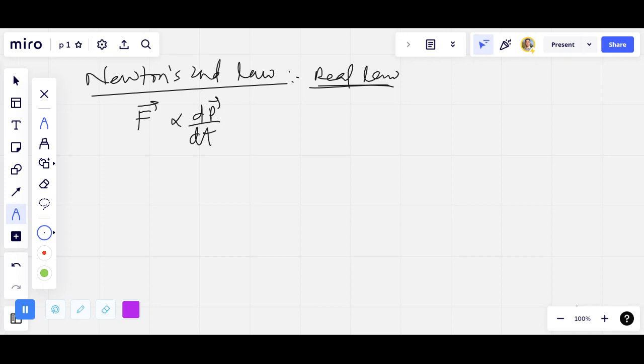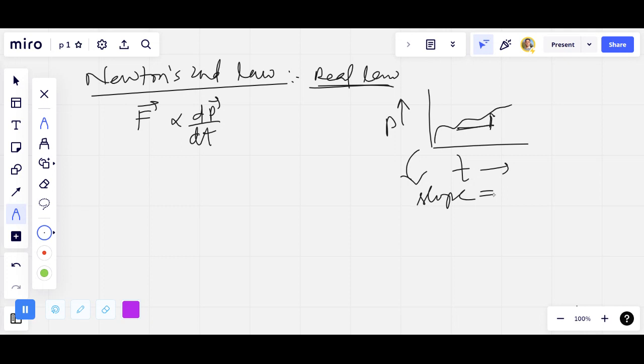If you get a graph in any question where momentum is along the y axis and time is along the x axis, whatever the shape of the graph, the slope will be change in momentum by change in time, that is delta p by delta t, which is force.